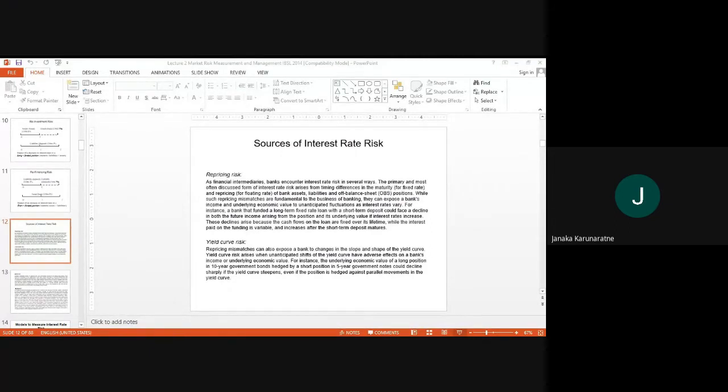So we know repricing risk, yield curve risk, then basis risk. Another important source of interest rate risk arises from imperfect correlation in the adjustment of rates earned and paid on different instruments with otherwise similar repricing characteristics.